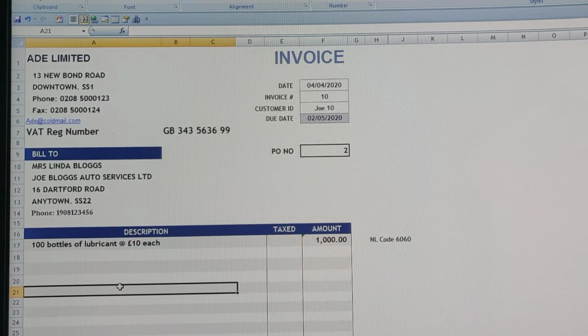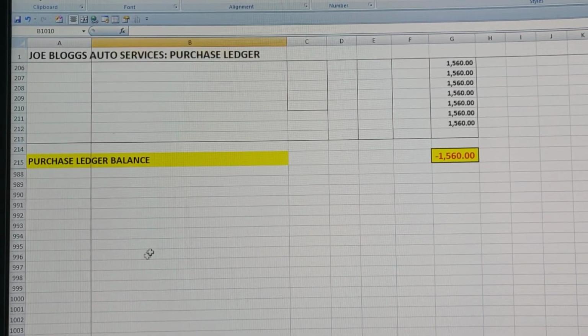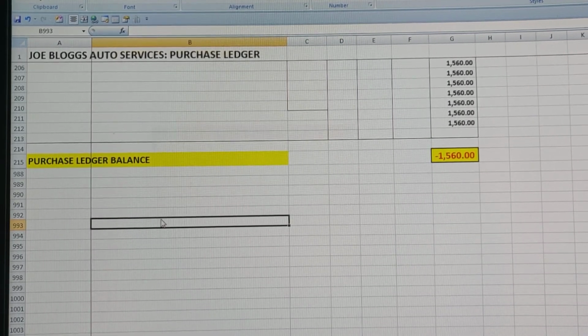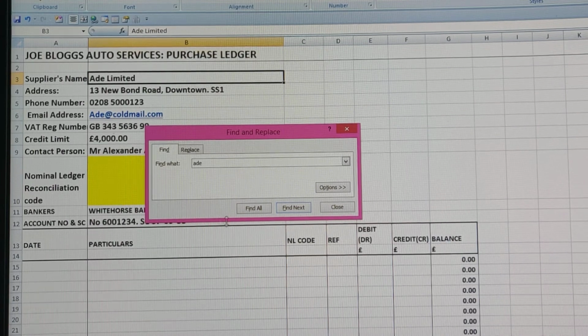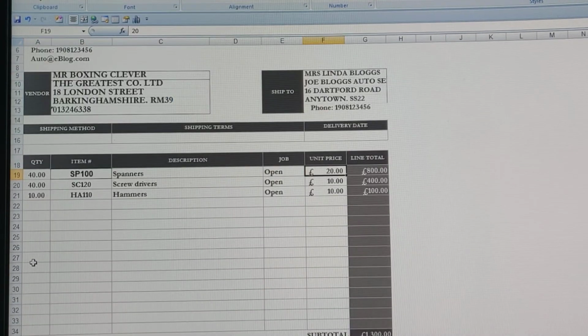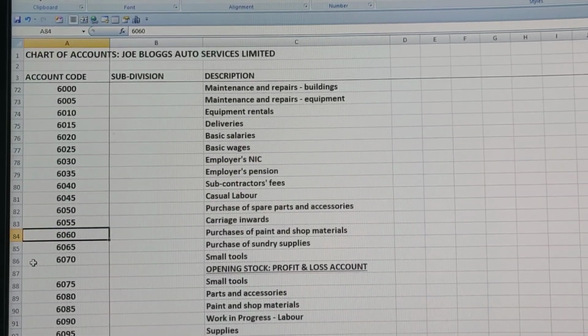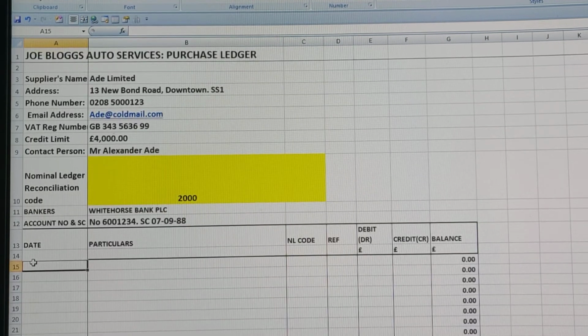Now, we look for the account of Ade Limited in the purchase ledger and we put the invoice there. Okay, and what is the date of the invoice? The date of the invoice is 04/04/2020.